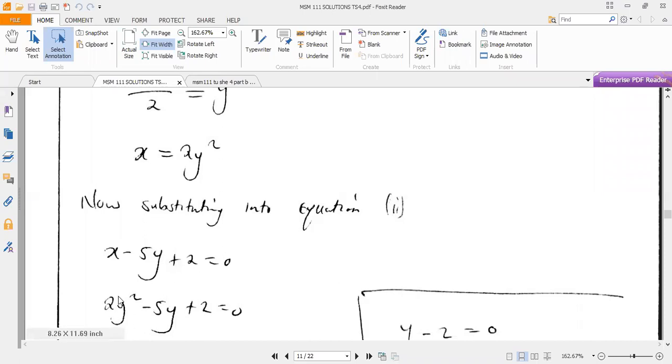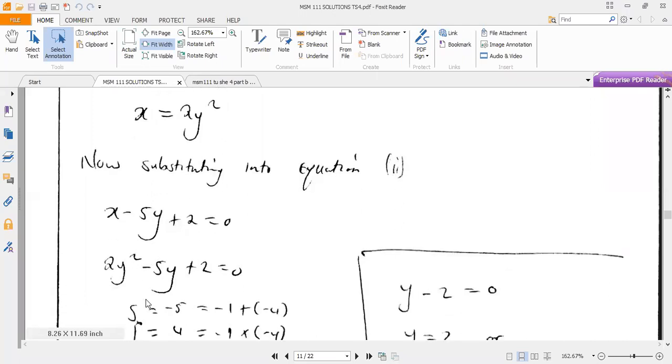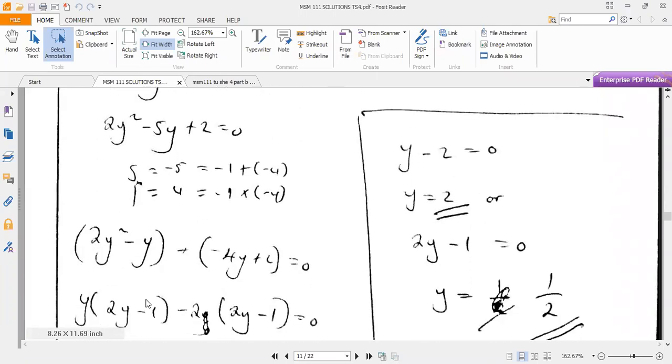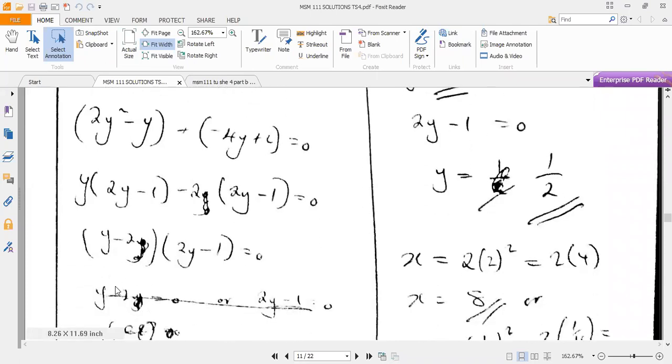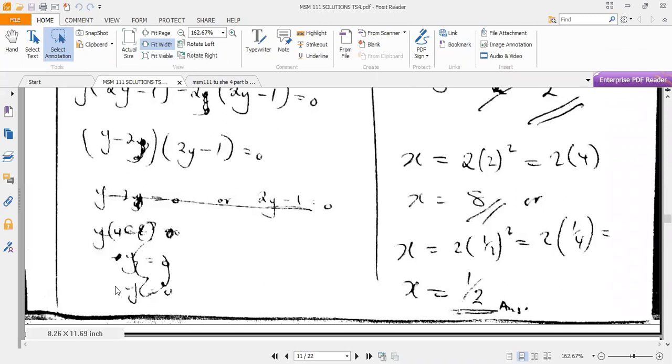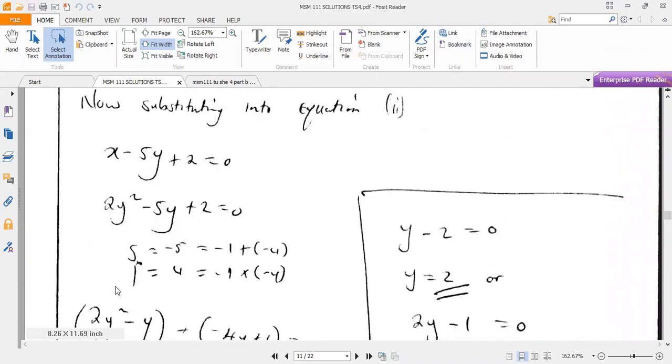So when you look at this, you can easily solve it quadratically because this is a quadratic equation. Here we have an exponent of 2, isn't it? So it's a quadratic equation. When you do the manipulation, okay, let me just go through them.